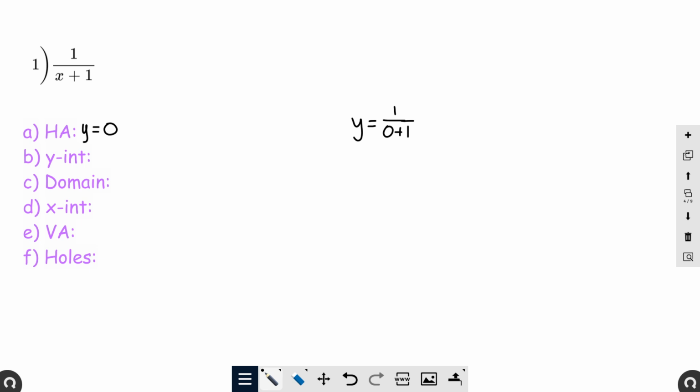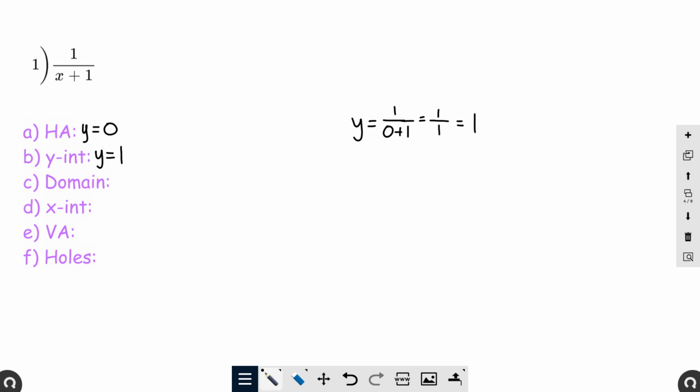And then simplify it, so we get 1 on the top, and 0 plus 1 is 1, and 1 divided by 1 is 1. So my y-intercept is y equals 1. And don't forget to put the y equals at the front. Don't just put 1. You want to put y equals 1, because I will count off if you don't put the right variable with it.